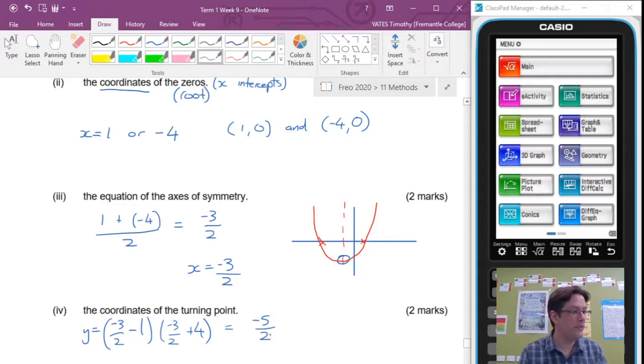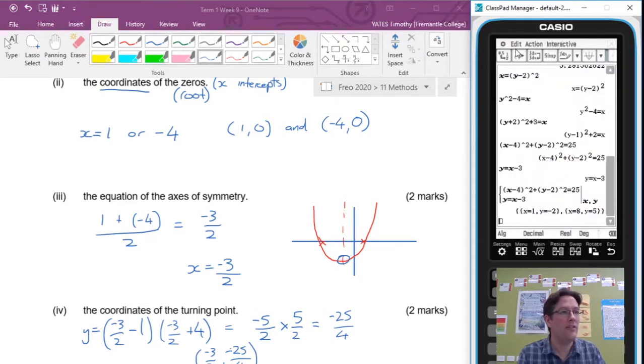Negative 3 on 2 plus 4, these are being multiplied, so that's 1.5 plus 4, that is 2.5, so that's 5 on 2. Multiply these together, you get negative 25 on 4. So our coordinates are going to be negative 3 on 2, negative 25 on 4. Or if you wanted to do that, it's negative 6.25 is what that actually ends up being.